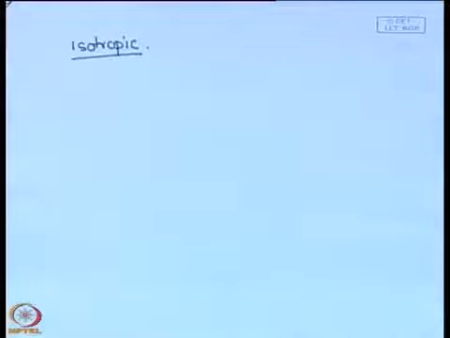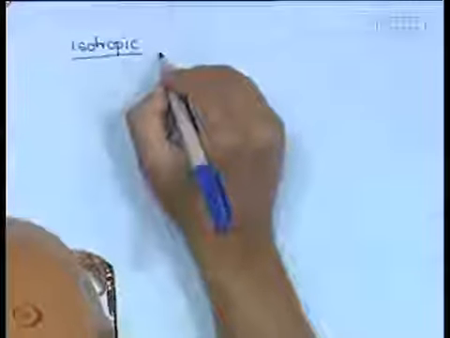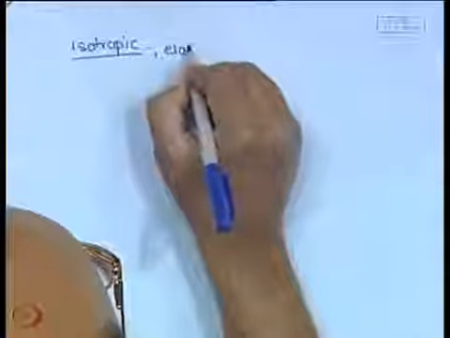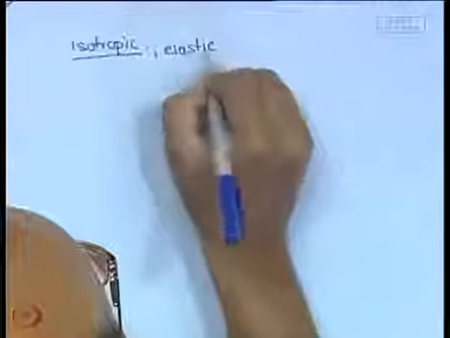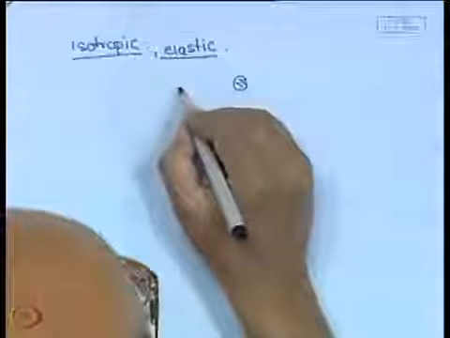So, we are modeling scattering as a very simple thing, elastic and isotropic. There is some incident radiation.